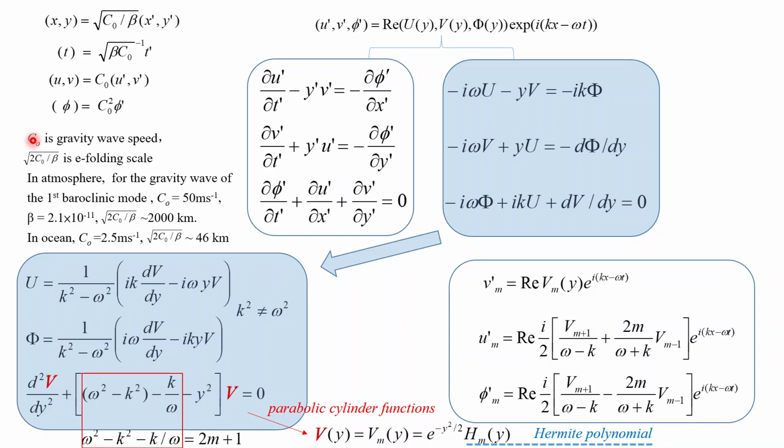So here, C naught is the gravity wave speed, and square root of 2C0 divided by beta is the e-folding length scale.